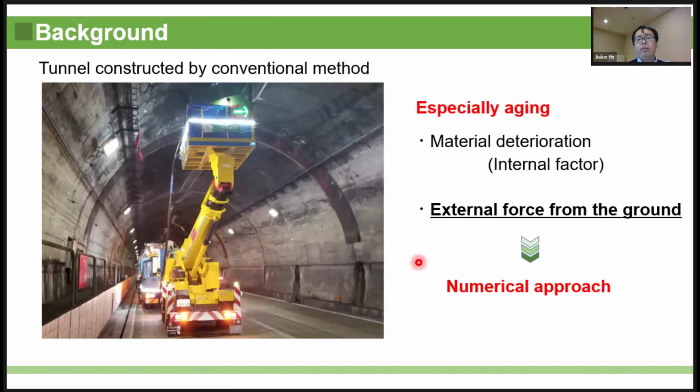Deformation due to material deterioration has been reported in these tunnels. In addition, there are many reports of deformation cases caused by external forces from the ground. These deformations are often found in tunnels constructed by the conventional method. Among them, this study focuses on the external force from the ground.